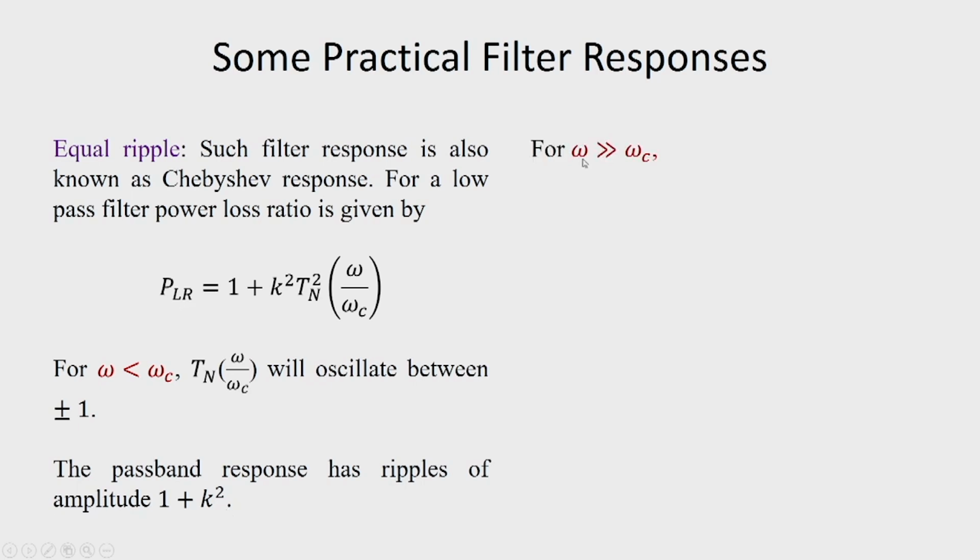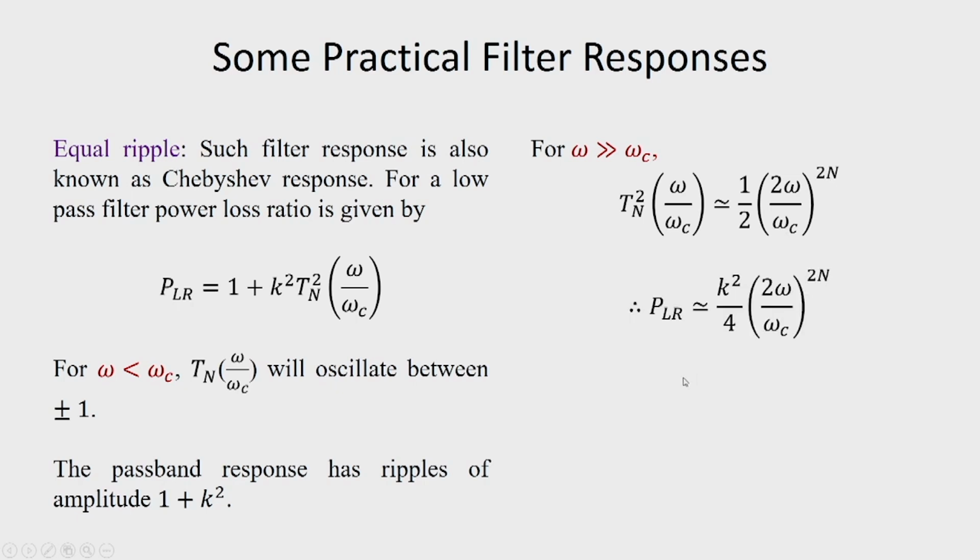For omega much larger than omega c, T n square omega by omega c becomes approximately half 2 omega by omega c raised to the power 2 n, and PLR becomes k square by 4 2 omega by omega c raised to the power 2 n.